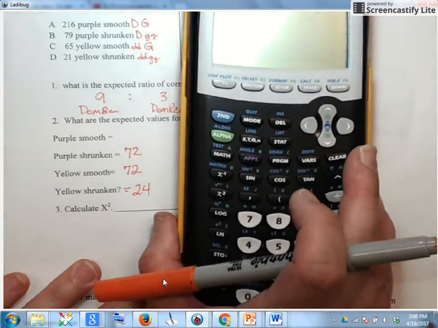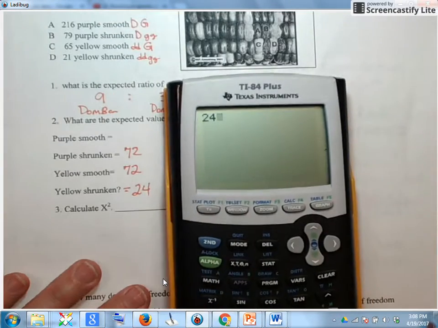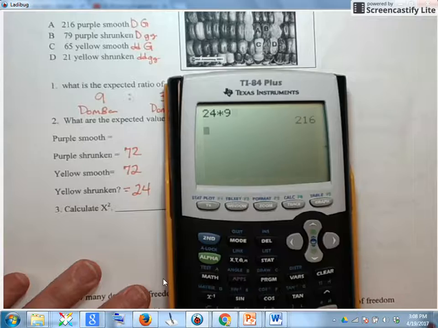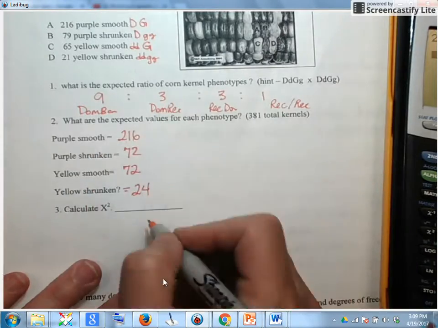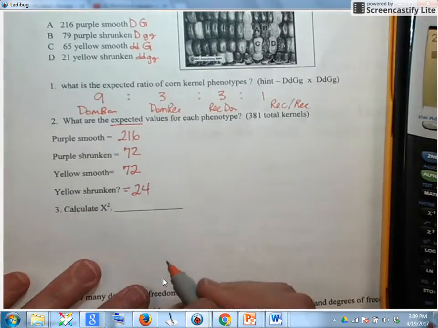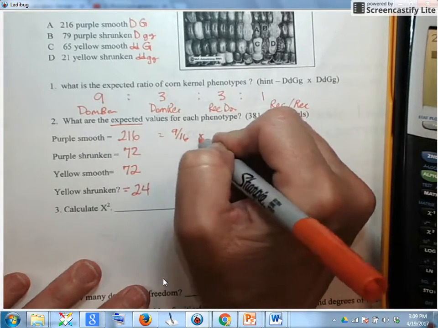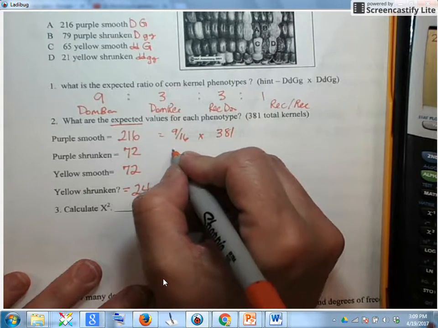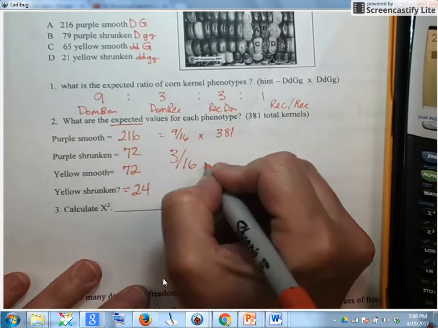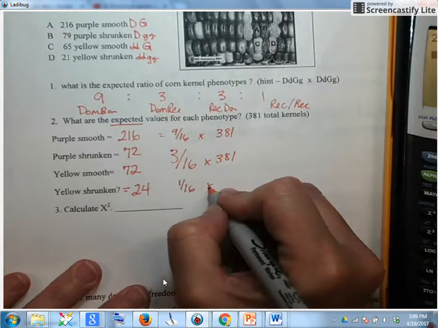We take 24, because that's 1/16, times 9. So we want 9/16, and we get 216. So all of these are the expected values. This is 9/16 times 381. This is 3/16 times 381. And this is 1/16 times 381.